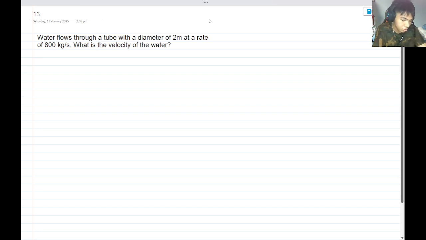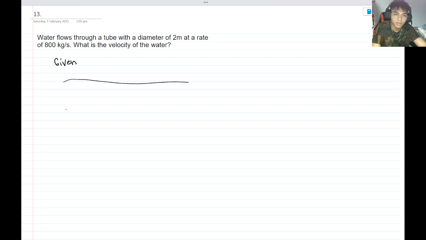Number 13. Water flows through a tube with a diameter of 2 meters at a rate of 800 kilogram per second. What is the velocity of the water? Okay. So I think for this one, let's draw yung parang cross-section of the pipe. So the diameter is 2 meters.